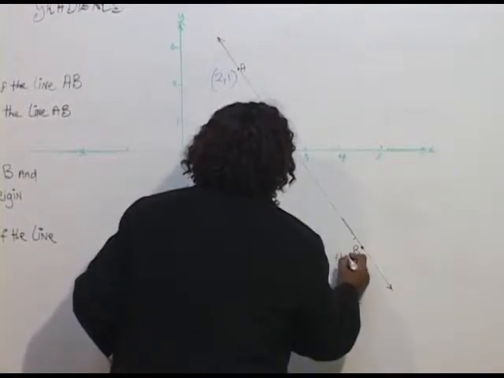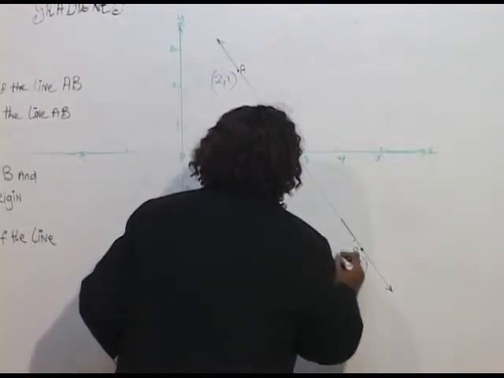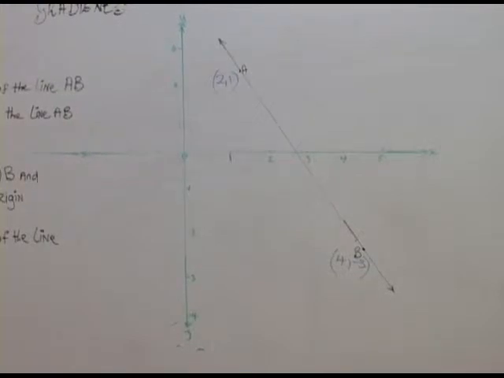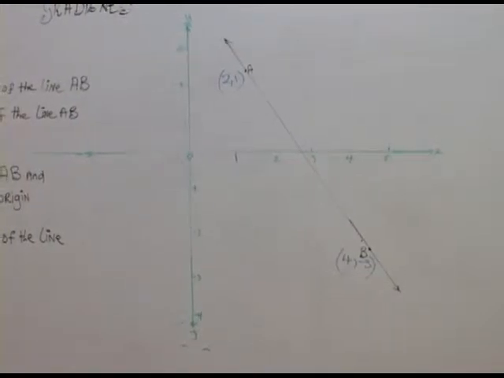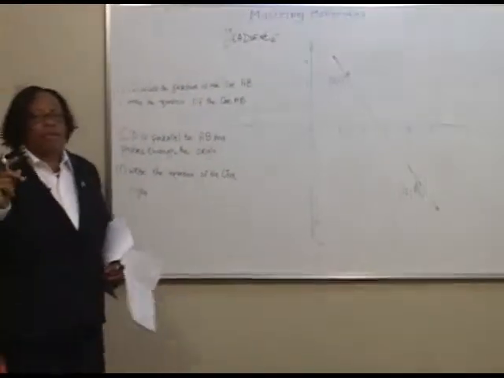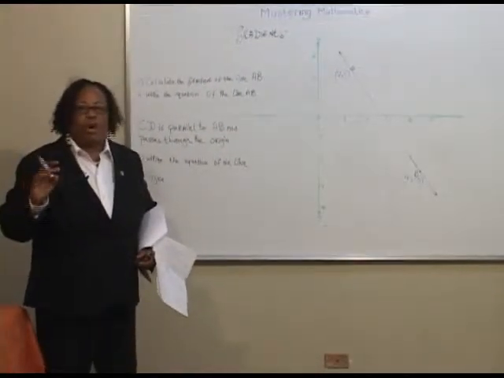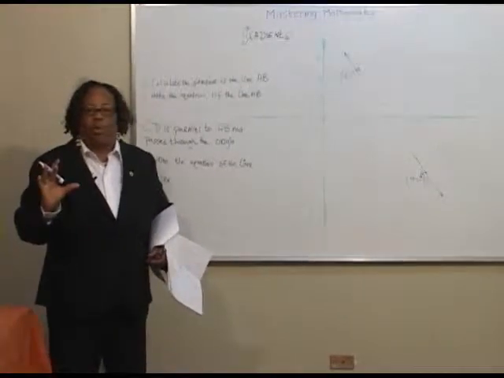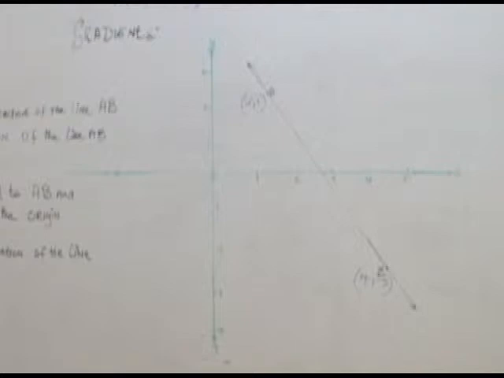4, -3. These are the points. So we have to calculate the gradient of that line AB. And we are up to the task. Because the first thing we're going to observe is that we have 2 points. So we must be using our x1s and y1s. All right? So the first thing we're going to do is to state the formula for the equation of the gradient.